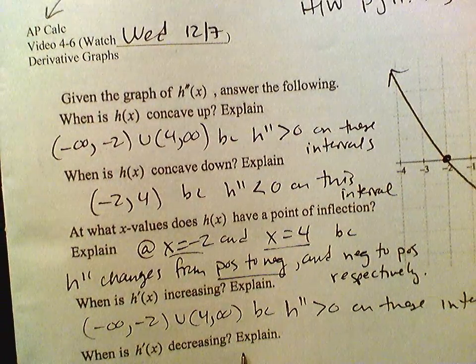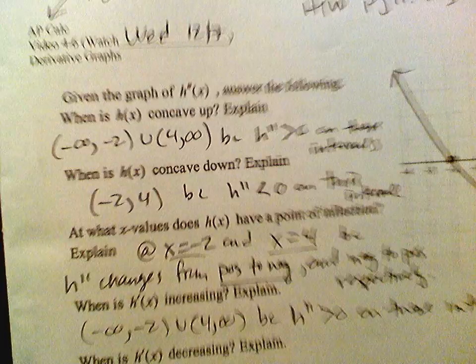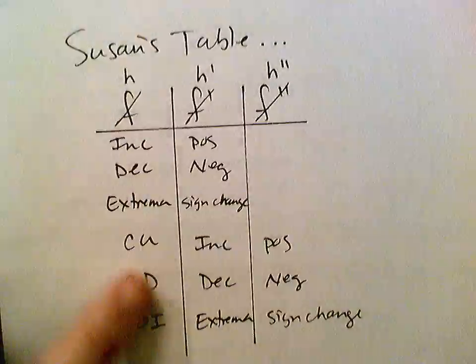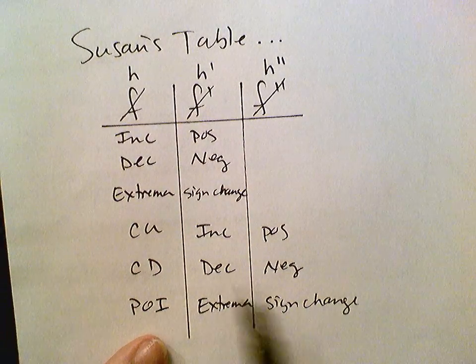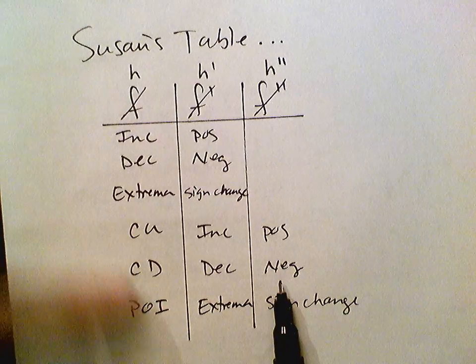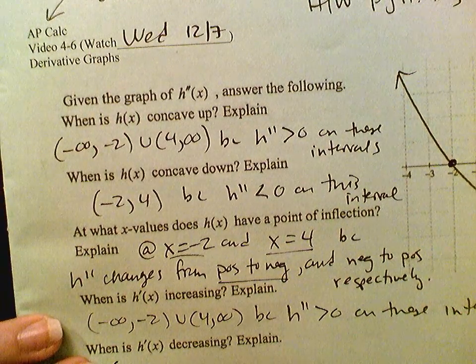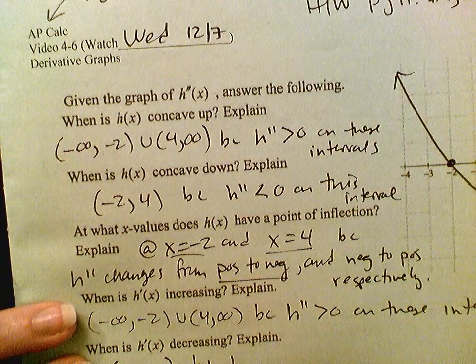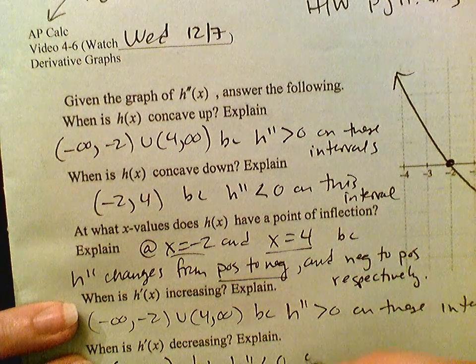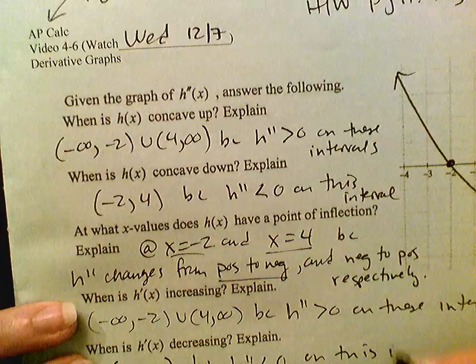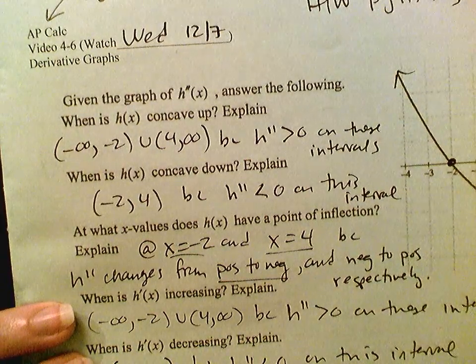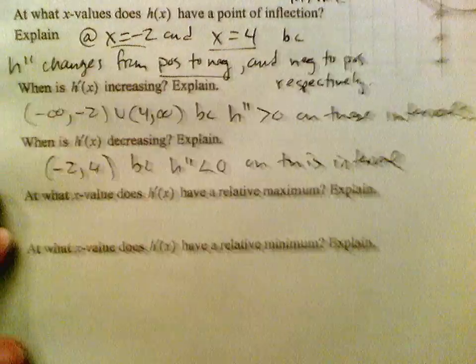When is it decreasing? h prime is decreasing when h double prime is negative. So we're kind of repeating some of these answers, because h double prime is less than 0 on this interval.